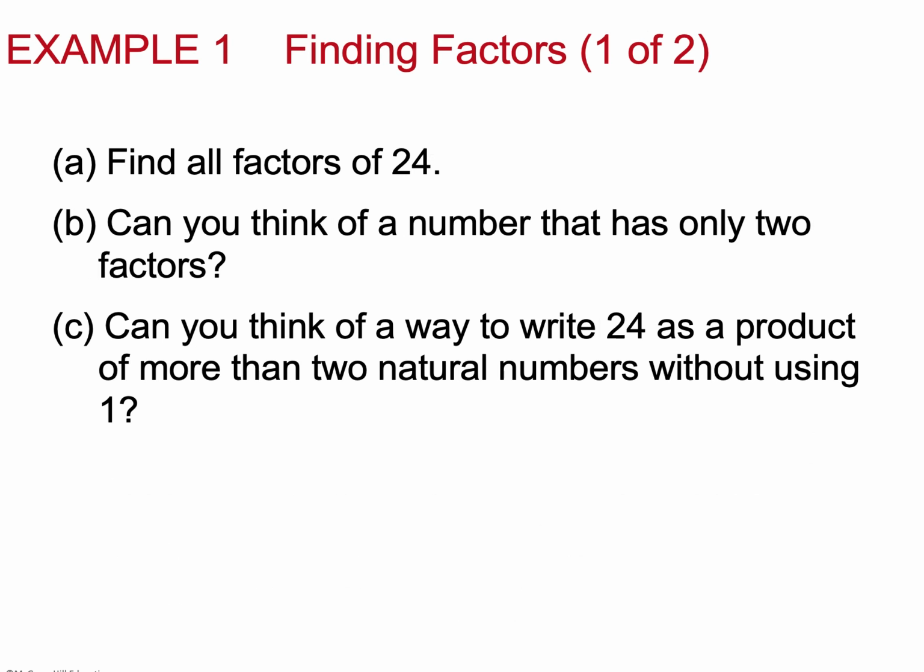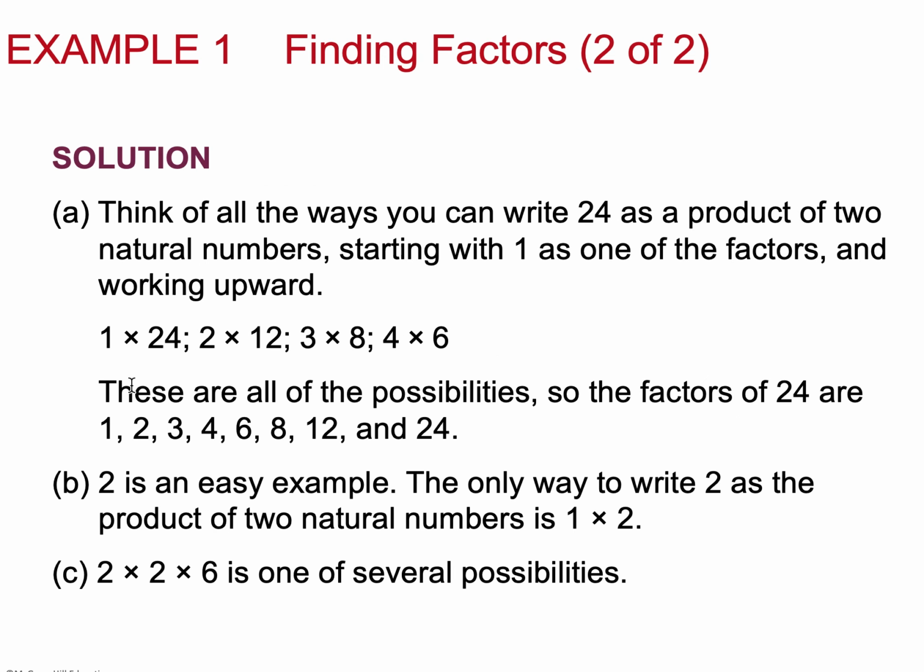So here's an example of finding those key factors. If I want to find all the factors of 24, this is an exercise in a list. There's no mathematical formula other than to sit down and list them all out. So I have the list right here at the bottom, 1 times 24, 2 times 12.